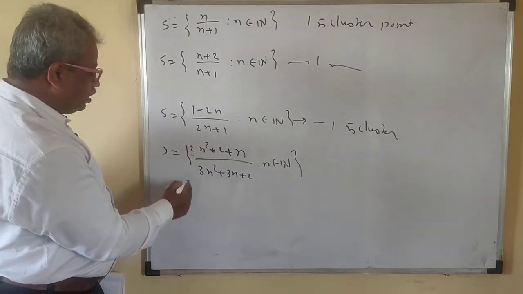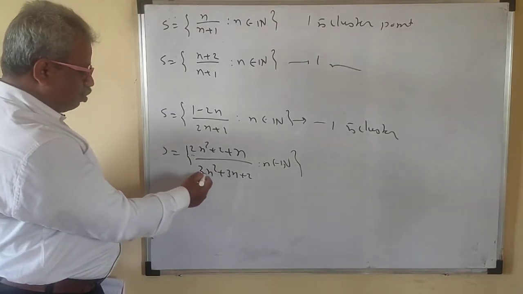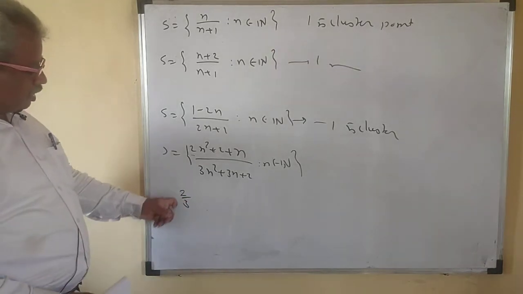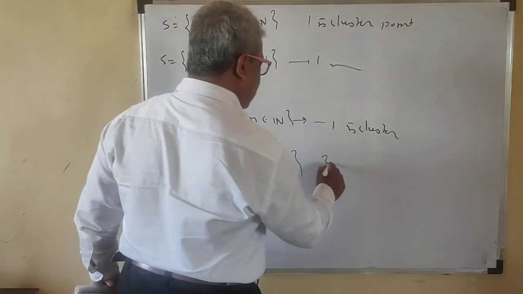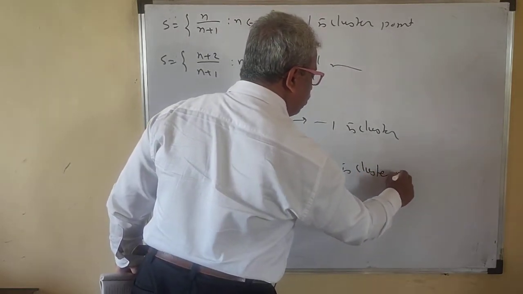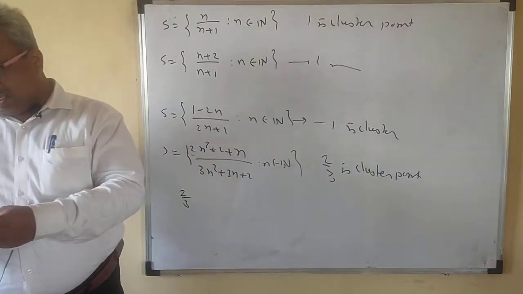The coefficient of n square from the numerator is 2, and the coefficient of n square from the denominator is 1. So your cluster point then is 2 by 1. I hope you understand how to find a cluster point of a set now.